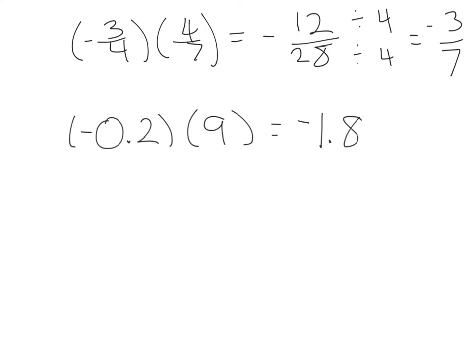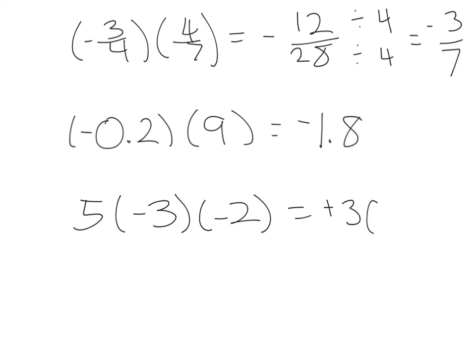The only other thing that we could add to this is what if we're multiplying three numbers together? What if we took 5 times a -3 times a -2? And simply then we would say, okay, well, 5 times -3 is -15, but then a -15 times -2 would make it a +30.